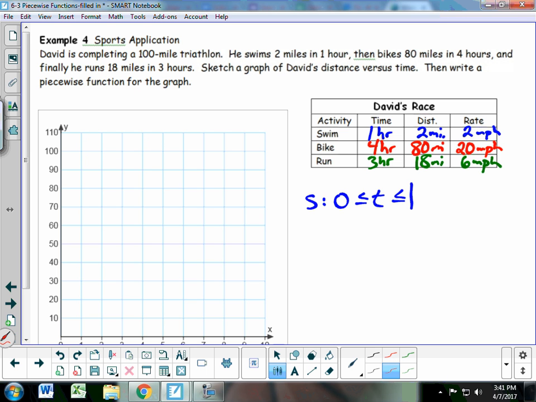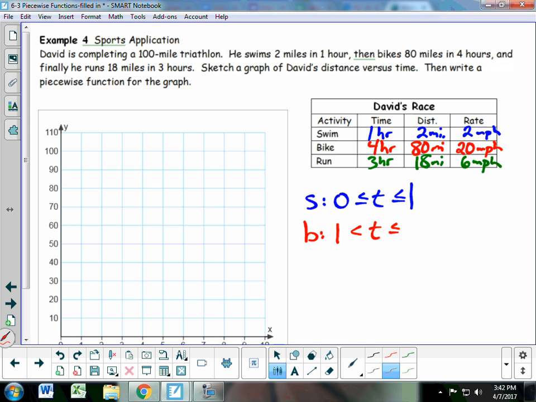Then for the biking, that's when he goes from 1, and now I'm just going to do less than time, because when he finishes that 1 hour, he's just finished the swimming, so then right after that 1 hour he starts biking, so that's why I just use a less than, not less than or equal to.